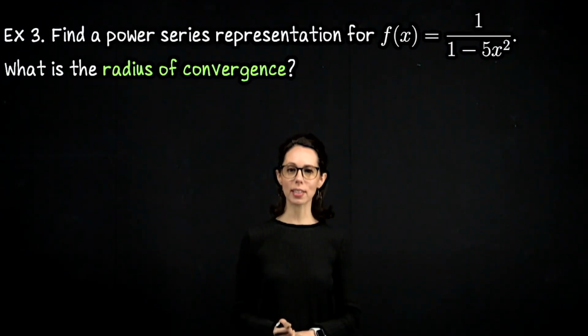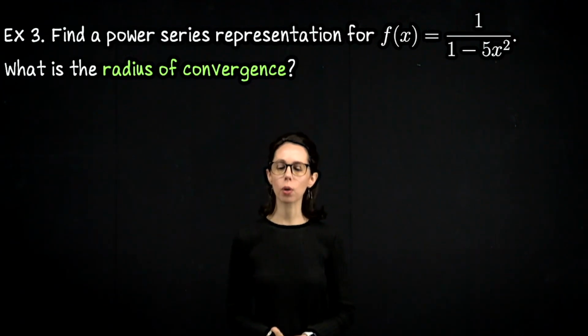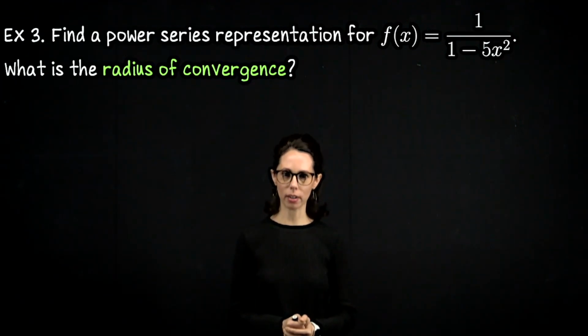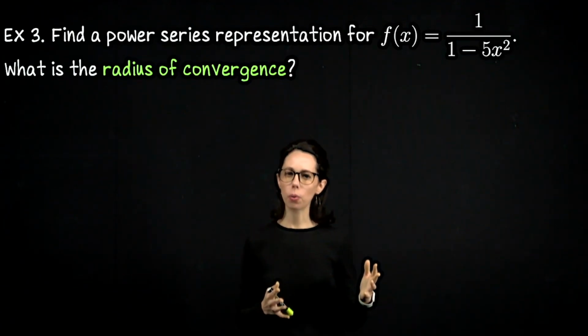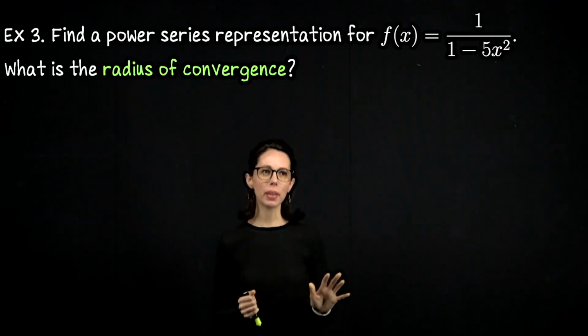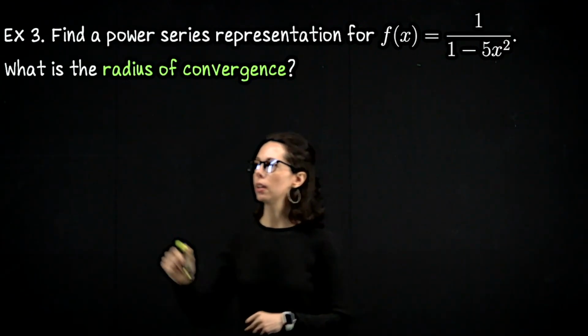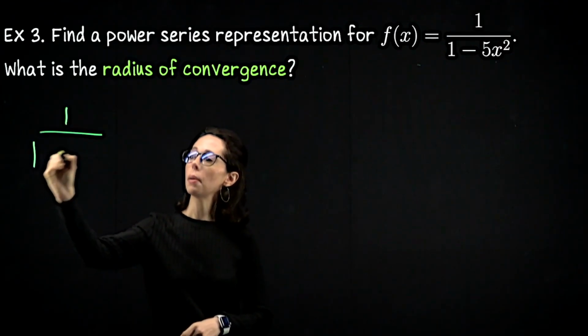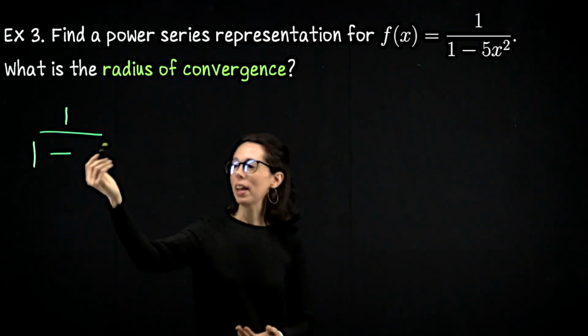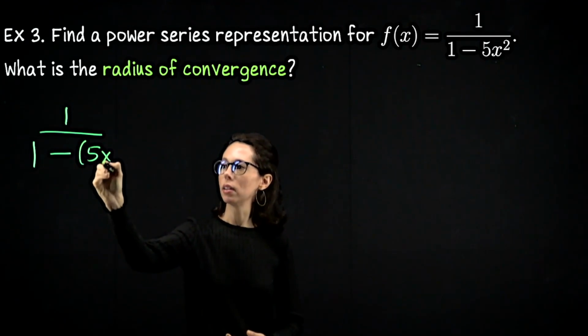All right, for this third example, we have 1 over 1 minus the quantity 5x squared. There's actually no adjustment that we need to make here, but let me highlight exactly how we're going to pass from this function to its power series representation. We have 1 over 1 minus something. It happens to be 5x squared.